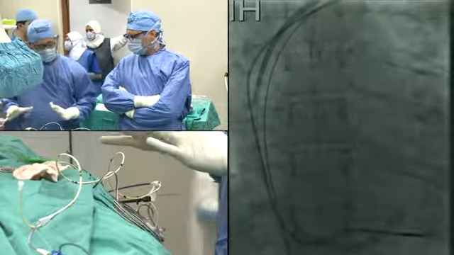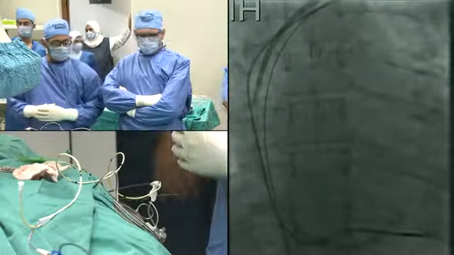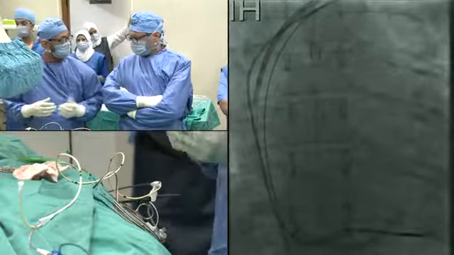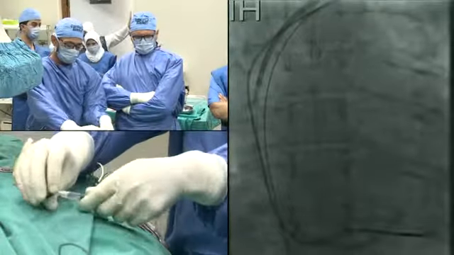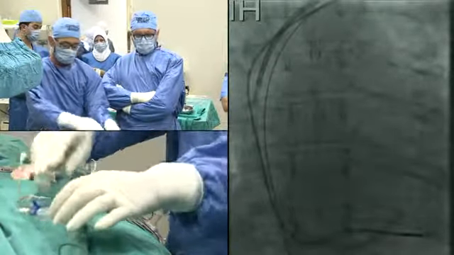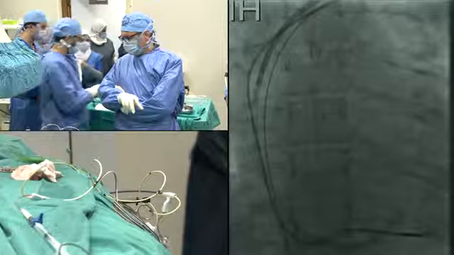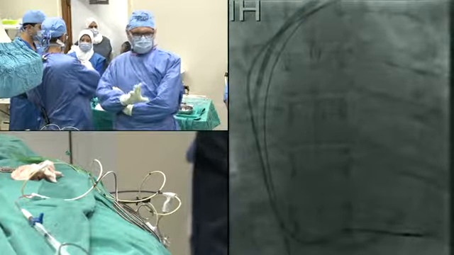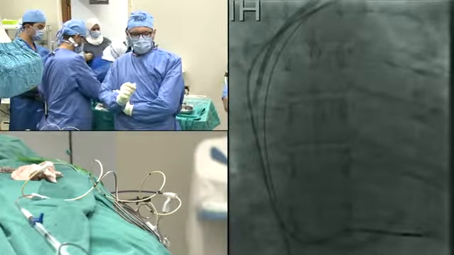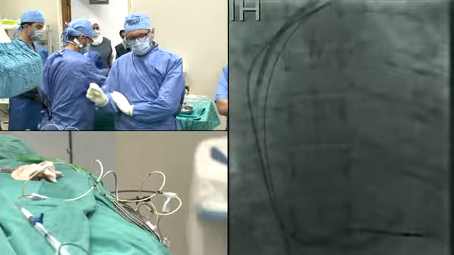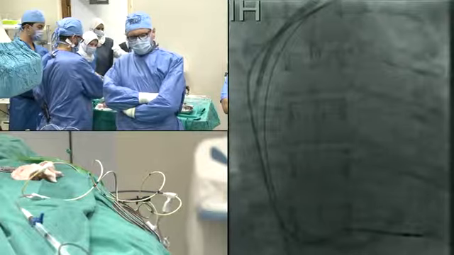It depends, but typically we first start with the direct AP views. What do you think, Professor? I agree. 10 to 15 cc's of contrast is usually sufficient. I think the AP view gives you the most information, and maybe that's all you need. As Dr. Ali said, though, if there are concerns about specific branches, then we can look at different projections.